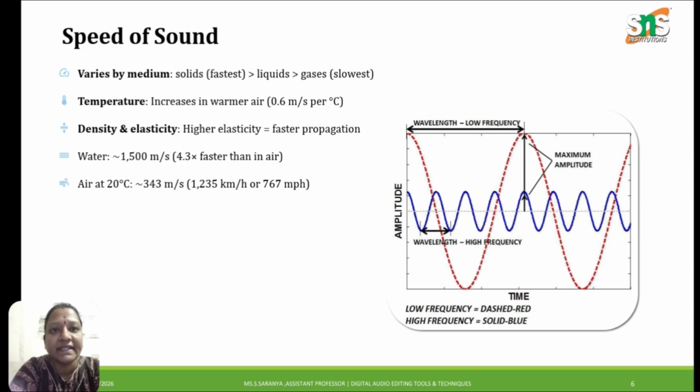Moreover, density and elasticity: higher elasticity means faster propagation. Whenever we have higher elasticity, sound travels faster through the medium. Water has about 1500 meters per second, 4.3 times faster than in air.